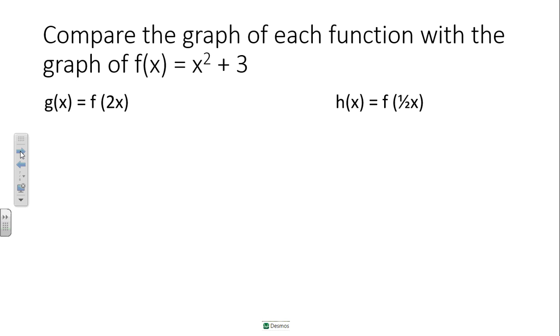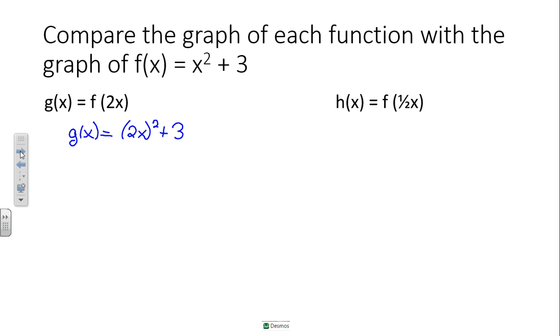So we're taking whatever was here and we're putting a 2x in everywhere we see x squared, right? Okay, so g of x is 2x squared plus 3. So substitute that in so you know what's happening. Okay, so what have we done?